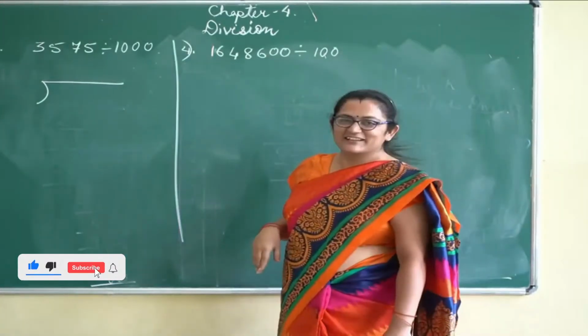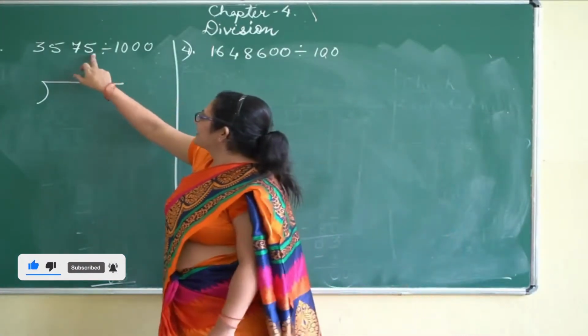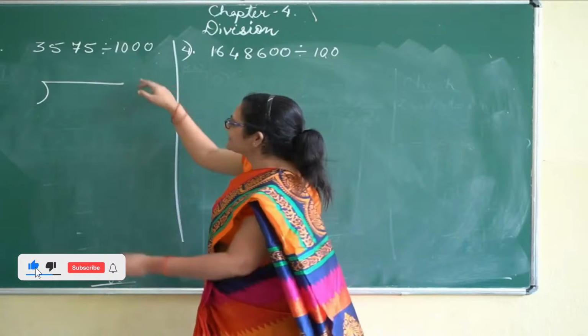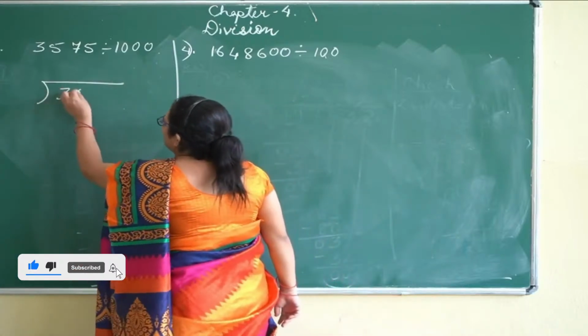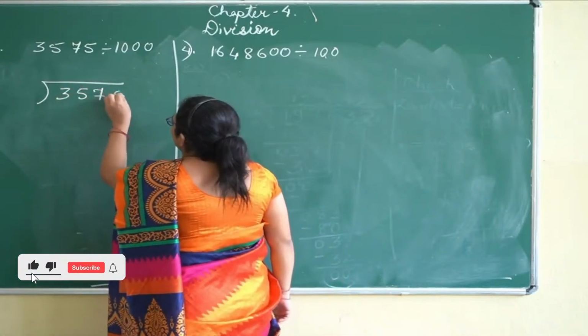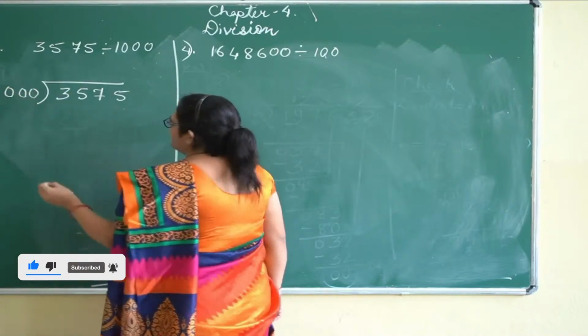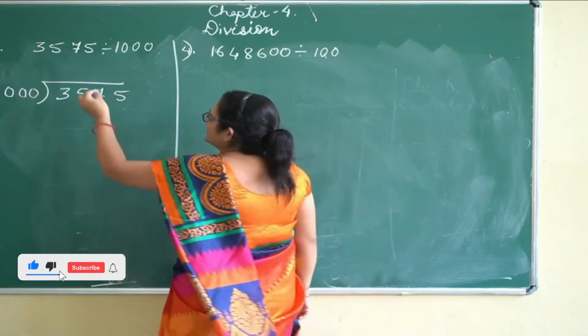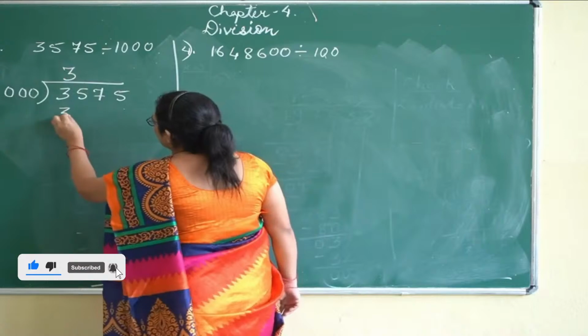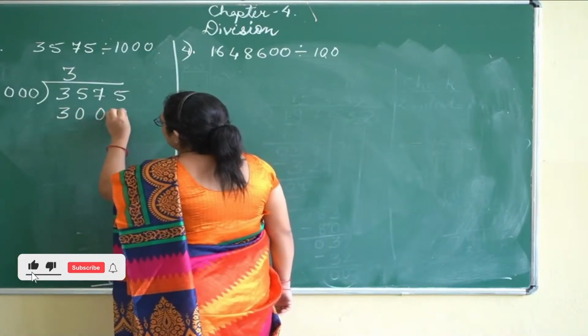Now next question, 3,575 divided by 1,000. So you will write 3,575 here and 1,000 here. In the table of 1,000, 1,000 3s are 3,000. We will write it like this.